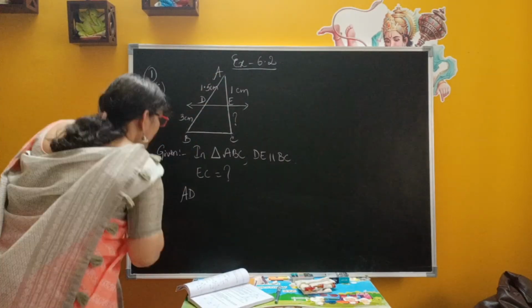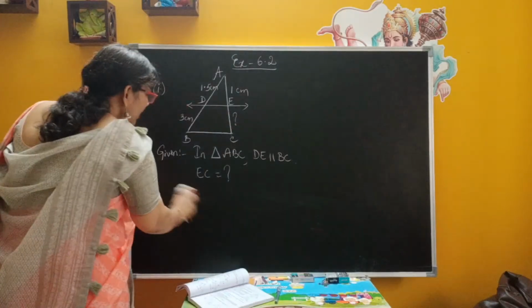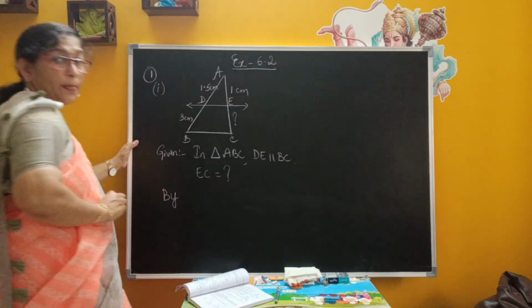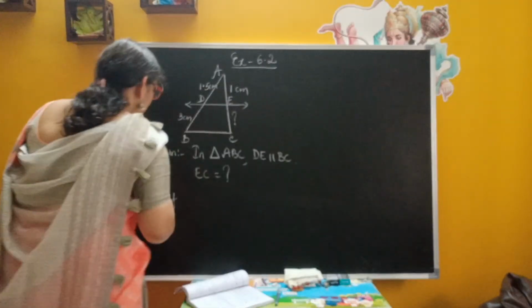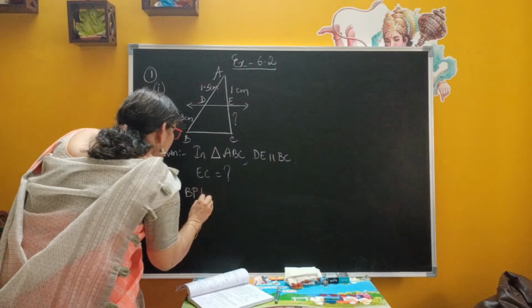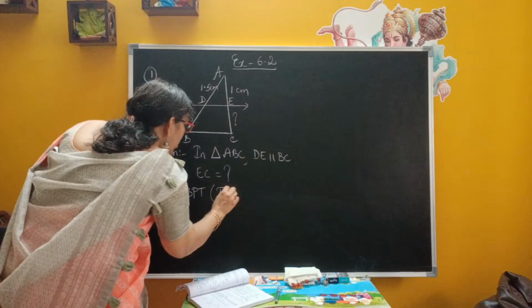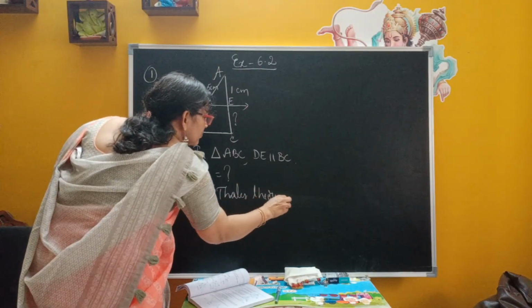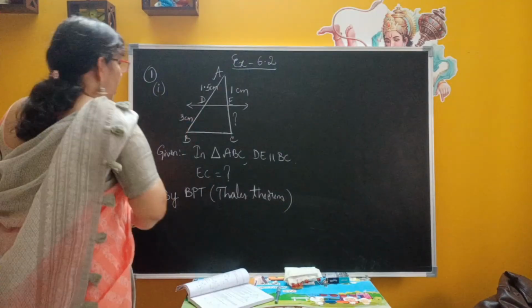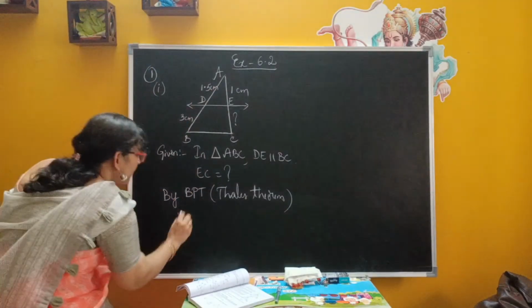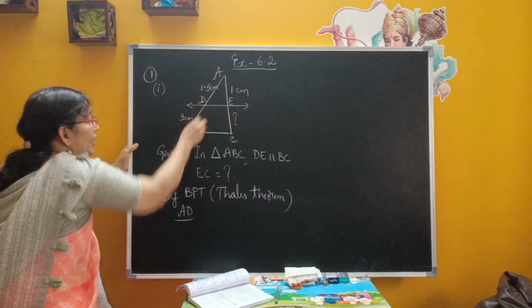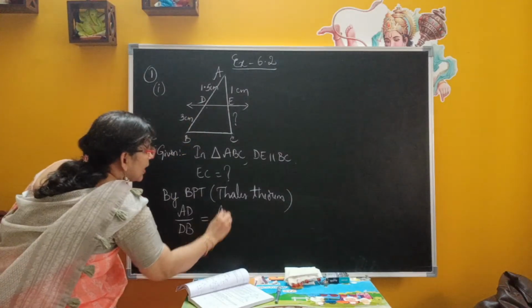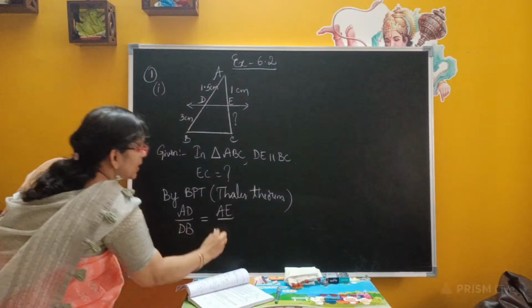Write the reason: by Thales theorem or basic proportionality theorem, BPT in short, we can say AD by DB is equal to AE by EC.